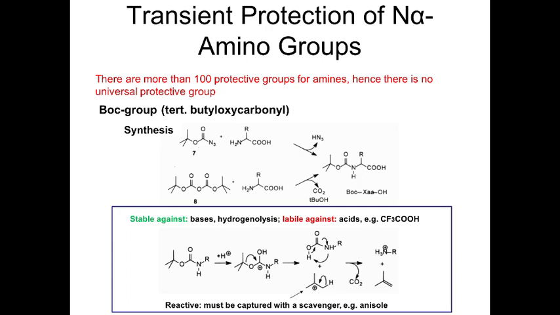So now we discuss the transient protection groups of N-alpha amines. Now you may ask, why is there the name transient?